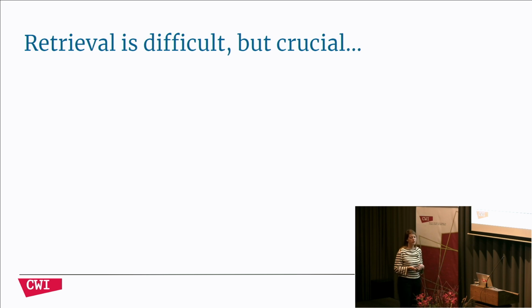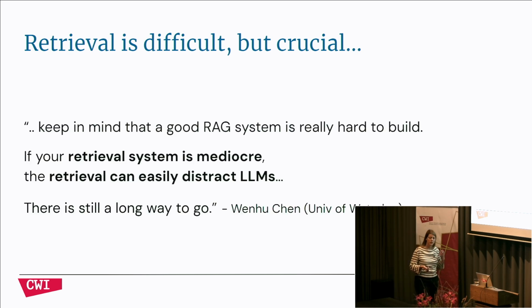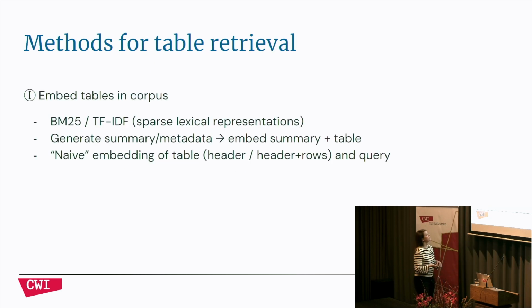So, as I said, retrieval is super difficult, but it's also crucial. As Wenu put nicely on Twitter at some point, for any good RAG system, it might be very good, but if your retrieval is mediocre, you can easily distract your LLMs, and you will end up nowhere. So there's also still a very long way to go to make this work for structured data.